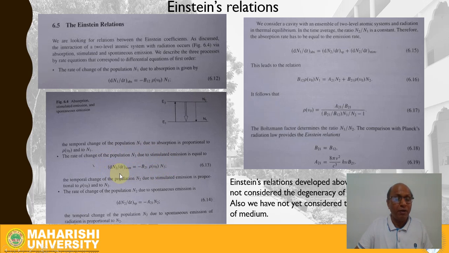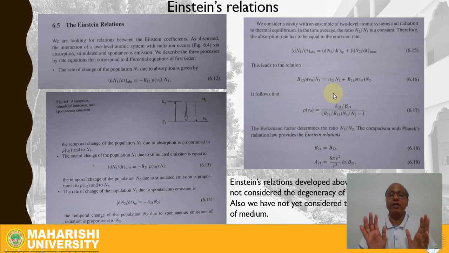So we have developed the relation for transition rates for absorption, we have developed the transition rates for stimulated emission, and similarly we are developing the relation for transition rate for spontaneous emission. These are developed from the previous relations. So all three relations are now developed.